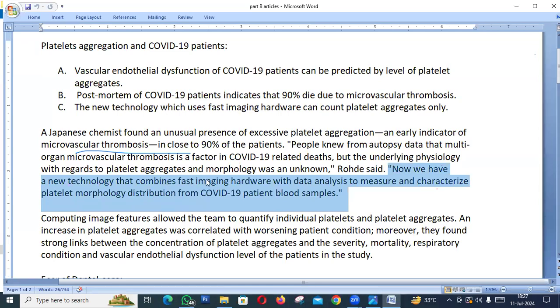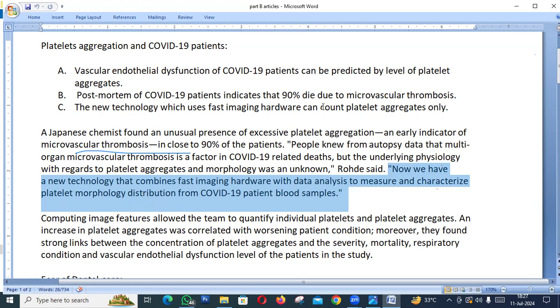So it can count platelet aggregates. The analysis is to measure and characterize platelet morphology distribution. They can measure and they can characterize. They can count and they can characterize morphology.